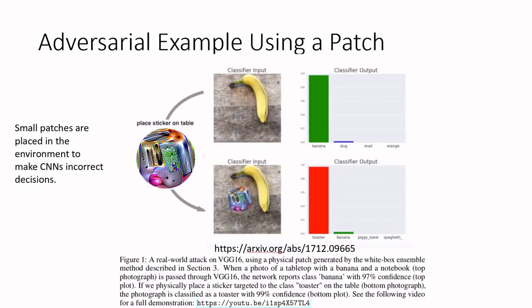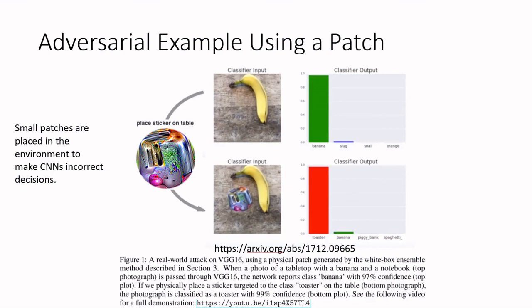And why is it coming back as a toaster? The reason is that when this patch was designed, you can actually specify how you want to adjust the values in this patch so that whatever disturbance those values cause to the neural network, those disturbances will lead to a desired incorrect classification.